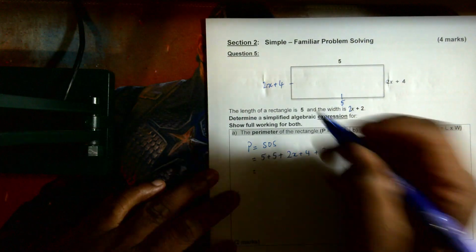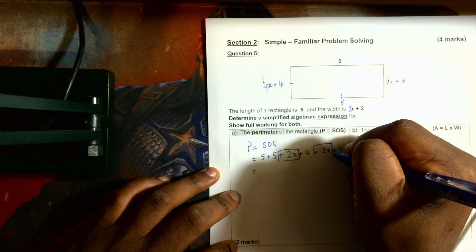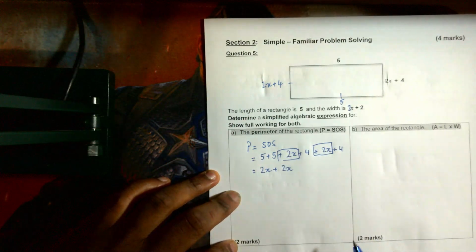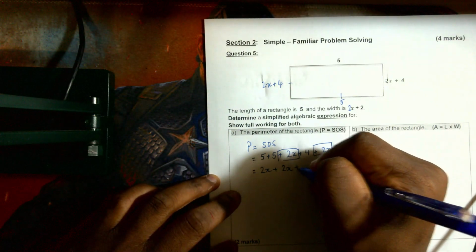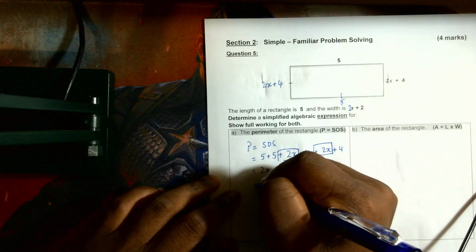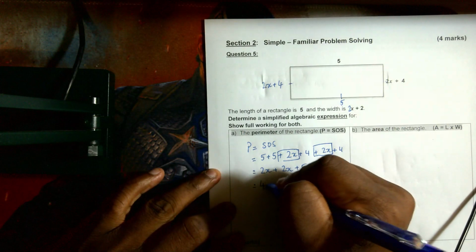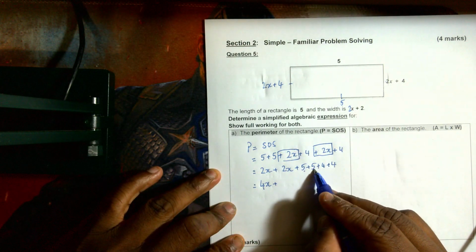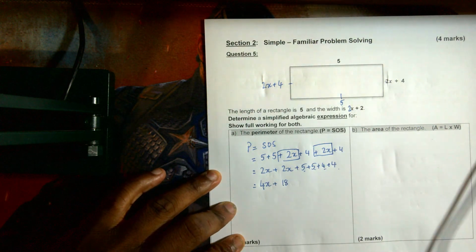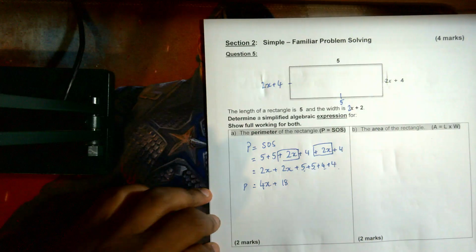If we collect like terms, we have positive 2x terms, so I'm going to put those together, and then all my constants together: 5 plus 5, 4 plus 4. 2x plus 2x is 4x, 5 plus 5 is 10, plus 4 is 14, plus 4 is 18. So the perimeter for the rectangle is 4x plus 18.